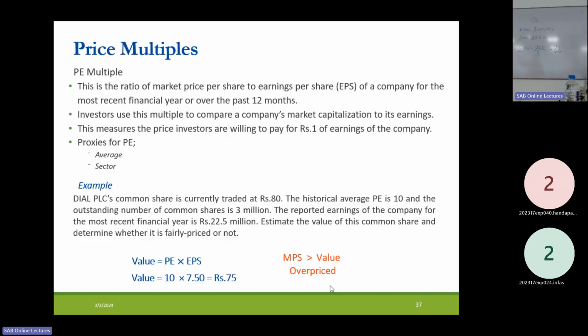So it means overpriced. Likewise, you can compare to take the decision. So are you buying? When there is overpricing, you may not buy, you may not invest. When the company shares are underpriced, you may buy. Right? So this is very easy, not like the previous one.